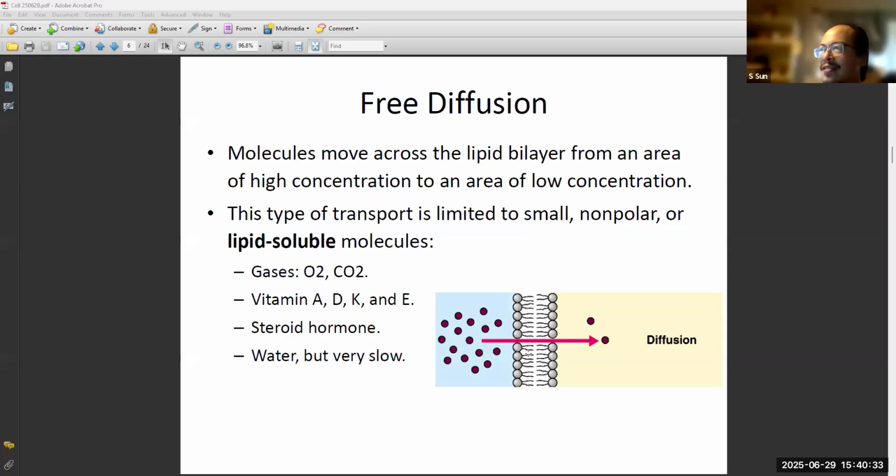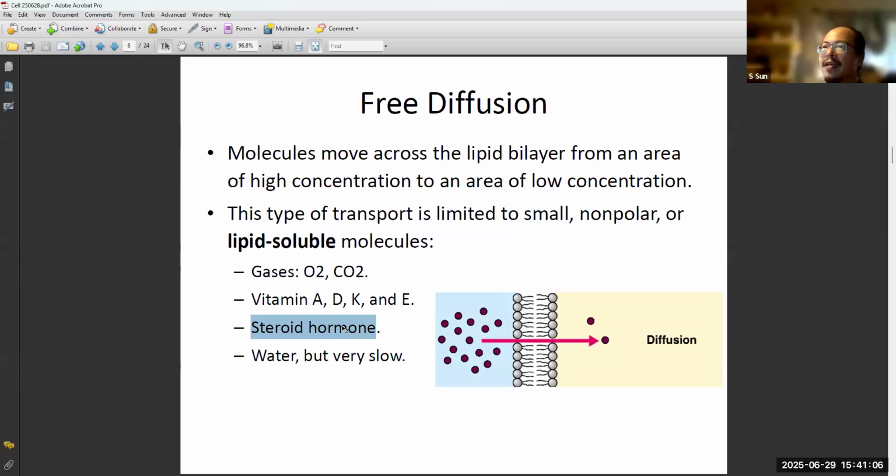They just diffuse across. Another one is some lipid soluble vitamins. There are only four types of vitamin that are lipid soluble. They are A, D, K, E, and you need to know that these can diffuse across the membrane. Another group is steroid hormones. There are different kinds of hormones, and in one category, the hormones are made from cholesterol.